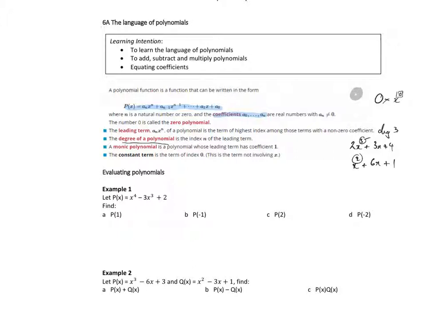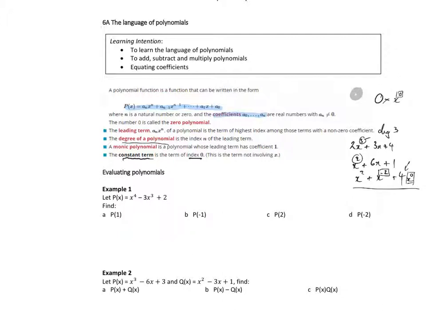If I have, however, x squared plus x to the minus 2 plus 4, it's not a polynomial, because that's a negative number. It's got to be a positive whole number or 0. That 4 on its own is the same as 4 times x to the power of 0, because anything to the power of 0 is just 1. So that 4 is my constant term. In other words, the index is 0.